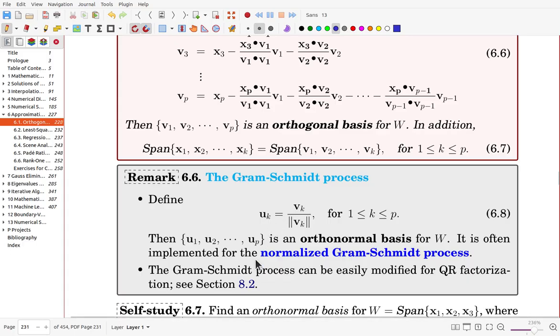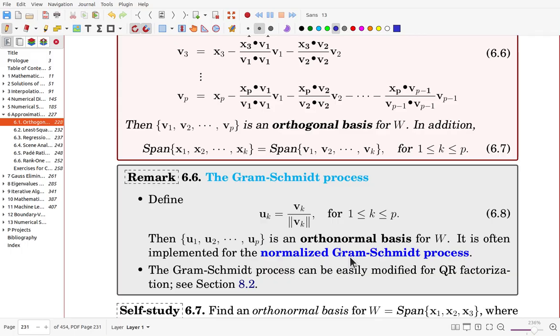And it's often implemented as the normalized Gram-Schmidt process. That means usually once you call the Gram-Schmidt process, your output is an orthogonal basis, but also orthonormal. So it's normalized after normalization.